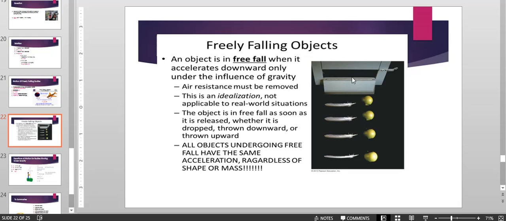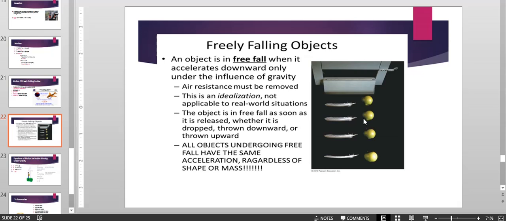The object is in free fall as soon as it is released, whether it is dropped, thrown down, or thrown upward. So this was basically the experiment conducted by Galileo. He dropped a pigeon feather and an apple in a vacuum place where no forces were acting on these objects except the force of gravity.